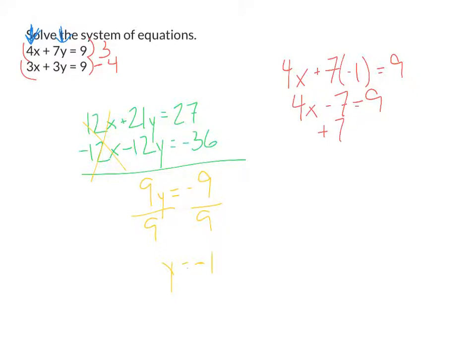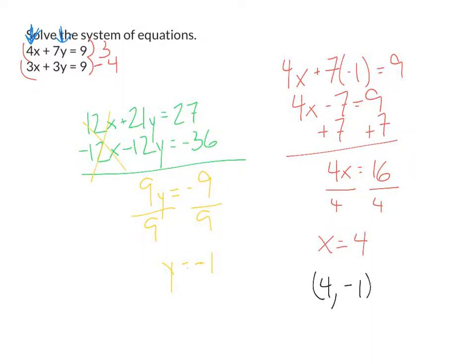And let's start getting x by itself. Add 7 to both sides. 9 plus 7 makes 16. And then we divide by 4. So x is equal to 4. And we have our ordered pair, 4 comma negative 1.